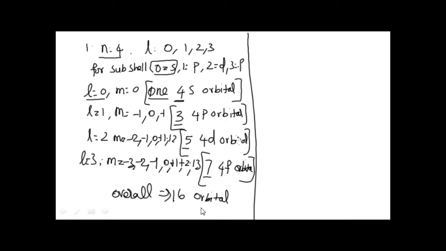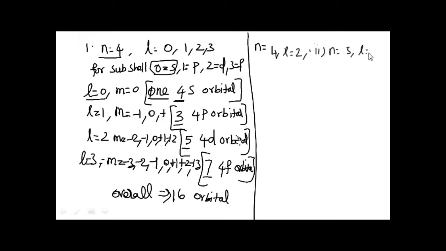The next question: each of the following gives a sub-level designation, the allowable M values and the number of orbitals. N equal to 4, L equal to 2. The second one, N equal to 5, L equal to 3. The third one, N equal to 7, L equal to 0.